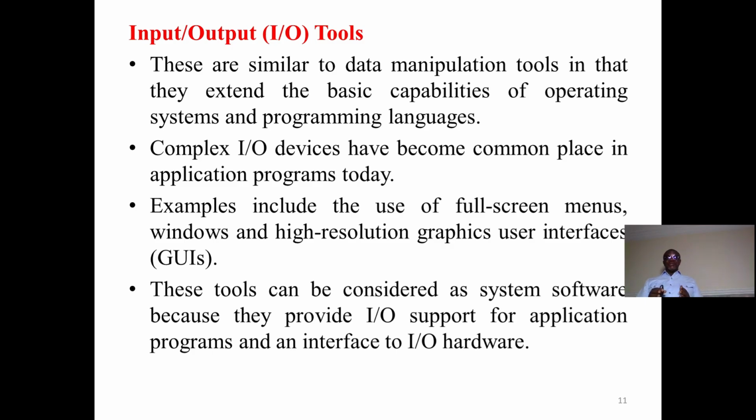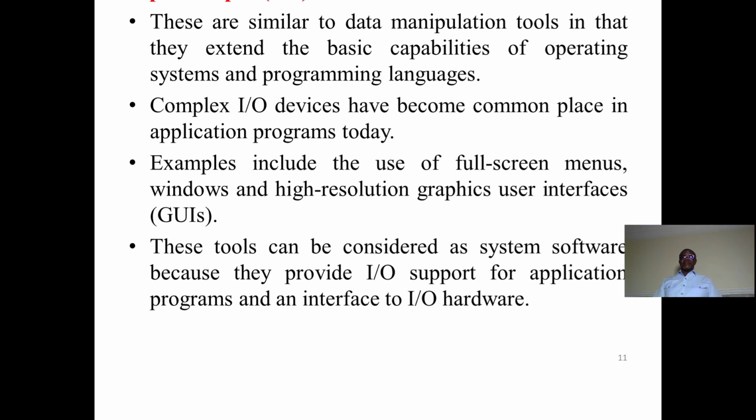Examples include the use of full-screen menus, windows, and high-resolution graphics user interfaces, known as the GUIs. These tools can be considered as system software because they provide I/O support for application programs and an interface to I/O hardware.